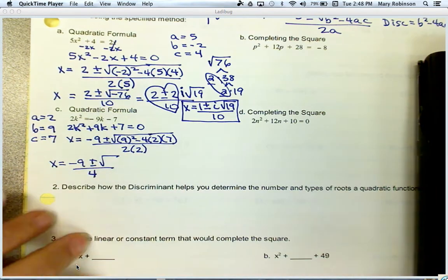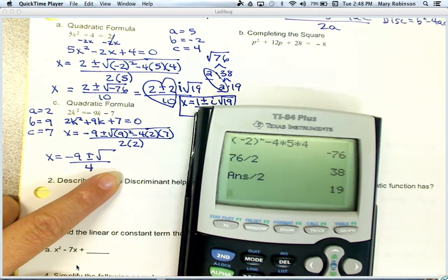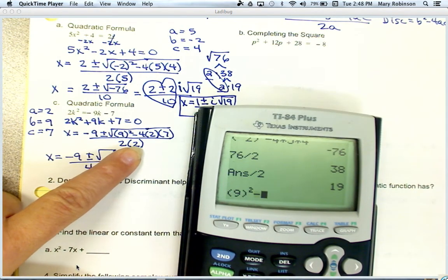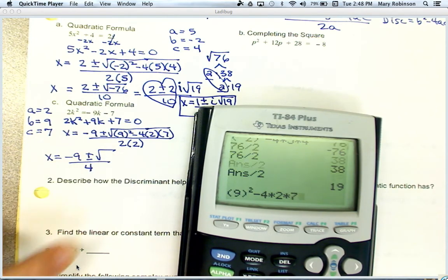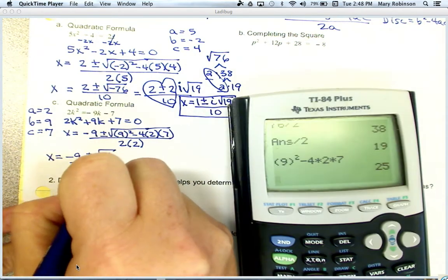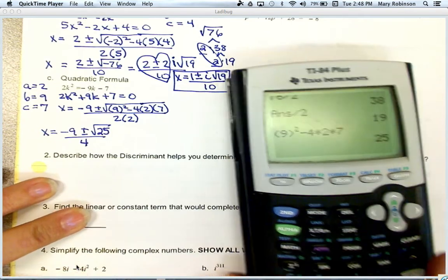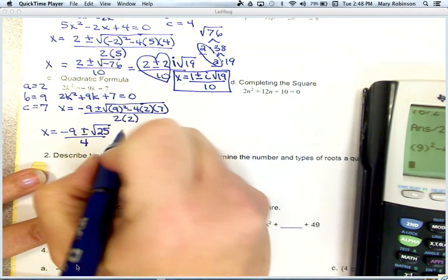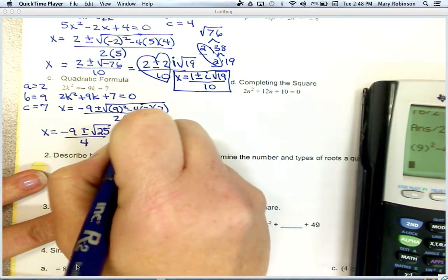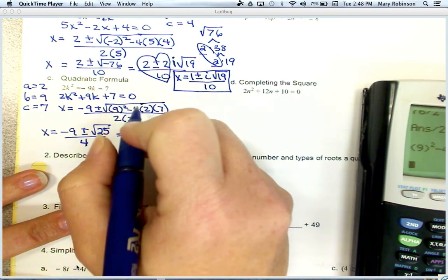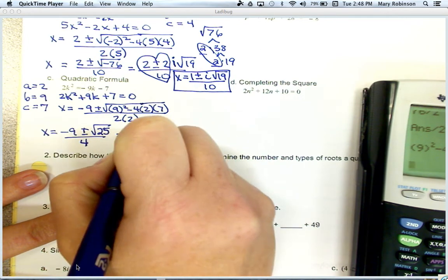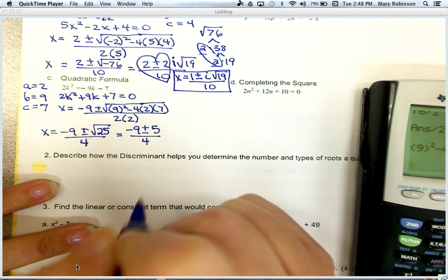I'm going to simplify everything, but then type my discriminant part in my calculator. And I get 25. That I can actually take the square root of. So I'm going to end up with negative 9 plus or minus 5 over 4.